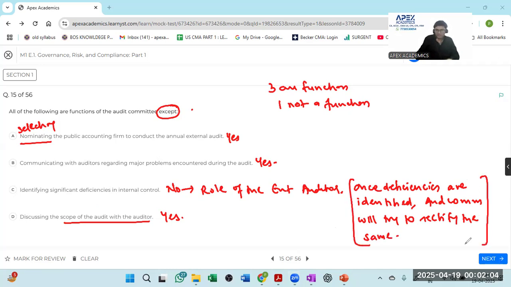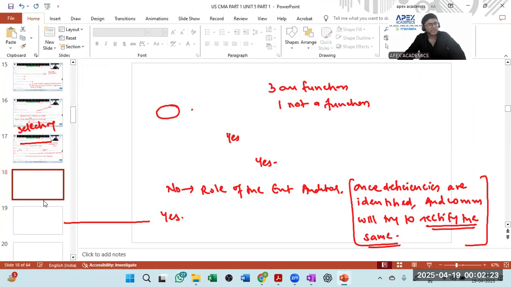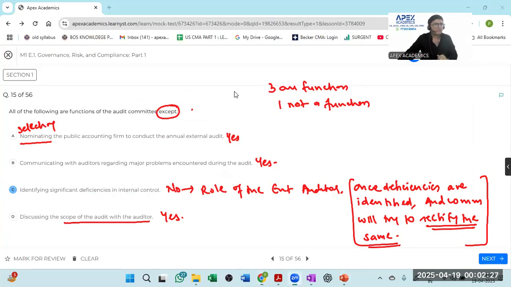The audit committee will try to rectify the same. Please keep that much in mind. Agreed or disagreed? Please tell me that. Sir, so what is your answer? Except, meaning C is your answer. All the rest are its functions.